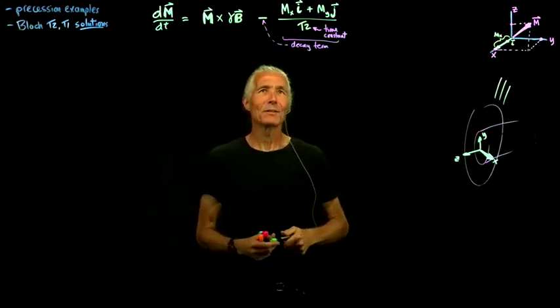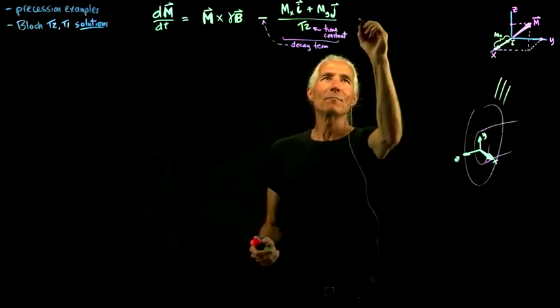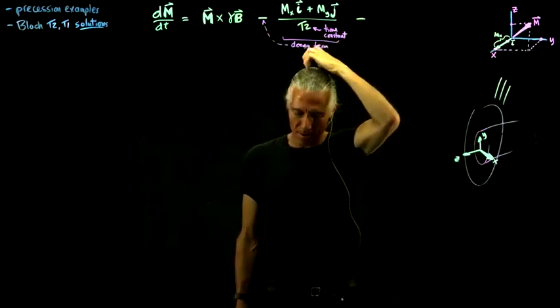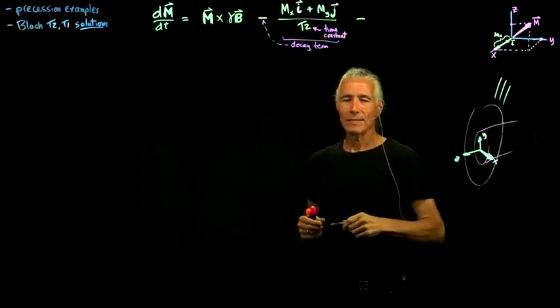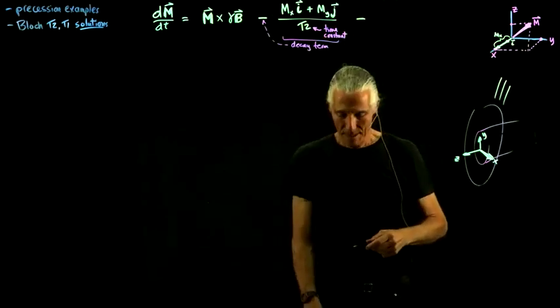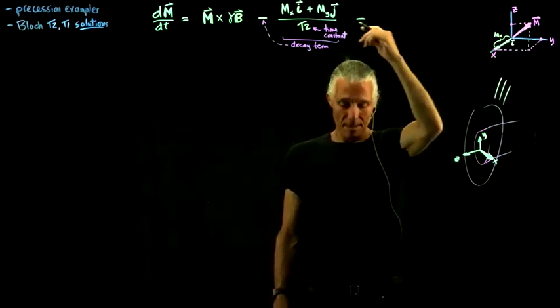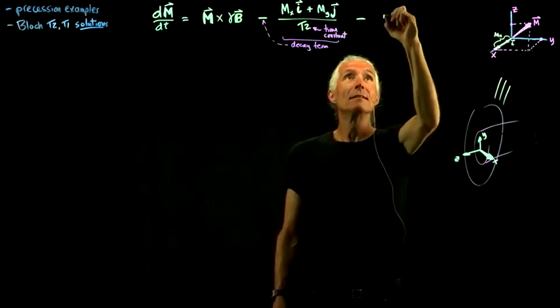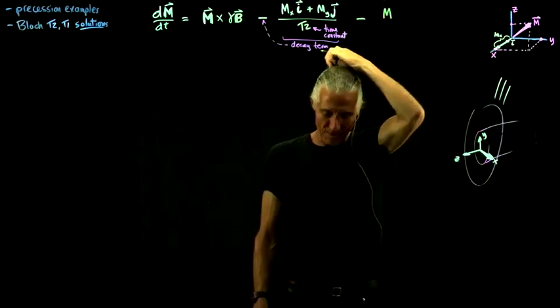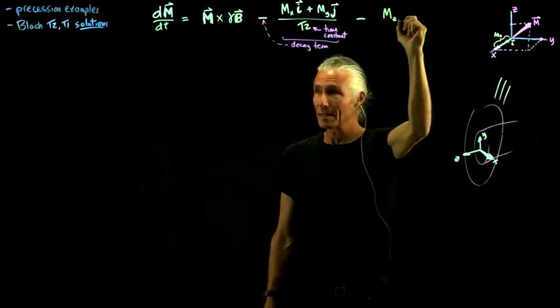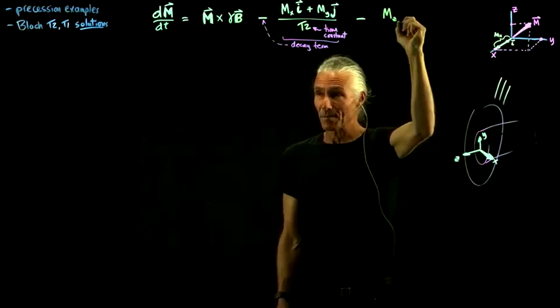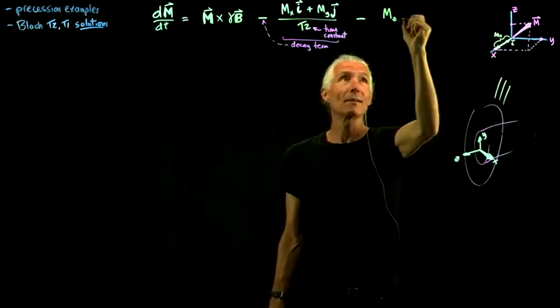Okay, so almost done. Then we have one more minus for the third term. And this one has to do with the z component, but it's got yet one more new symbol in it. That's the z component, just the length of the z component, not a vector.